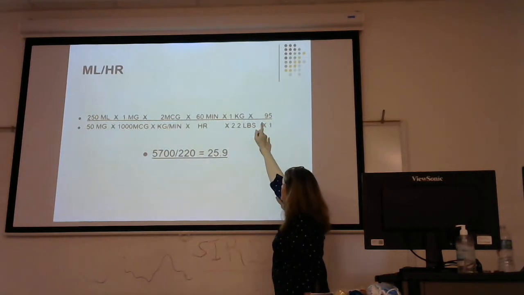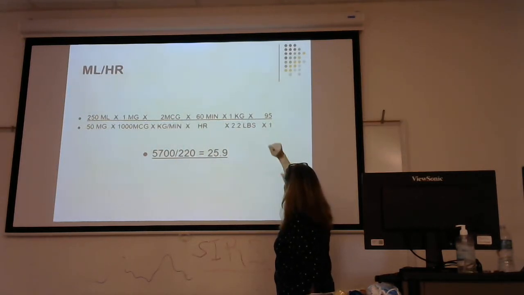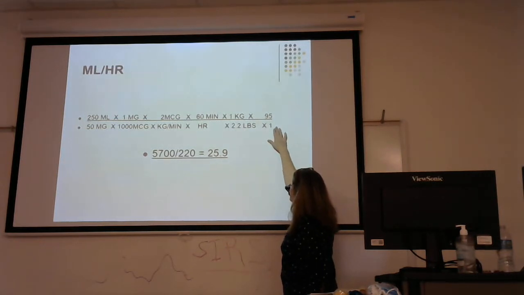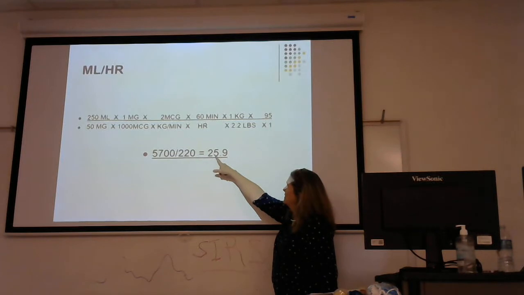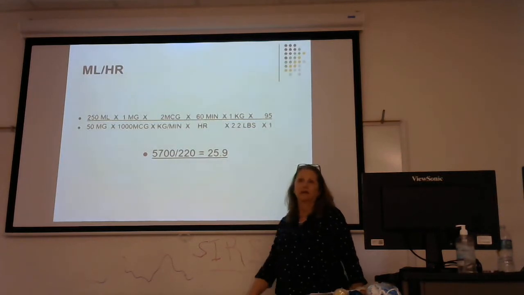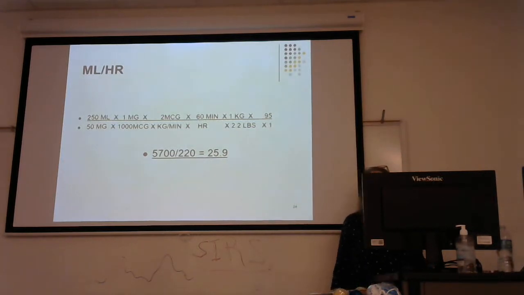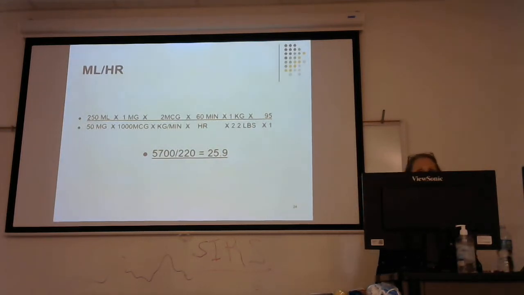So now I got to convert kilograms to pounds, and my patient weighed 95 pounds. And I come out with 25.9. Okay, so if you set it up right, that calculator will lead you to the right number. If you didn't, give me a little shout out and we'll work on it.